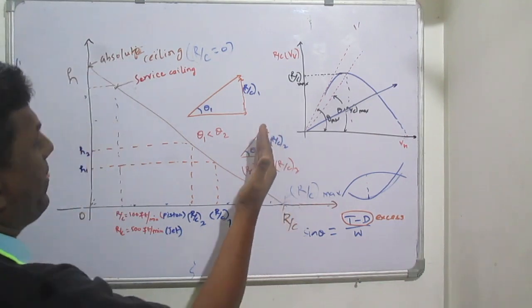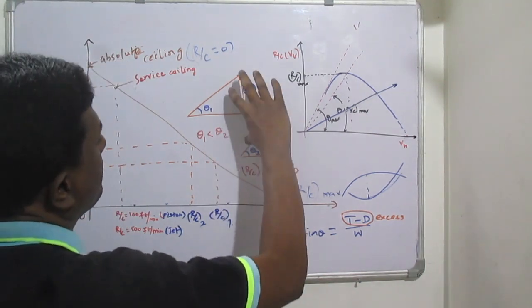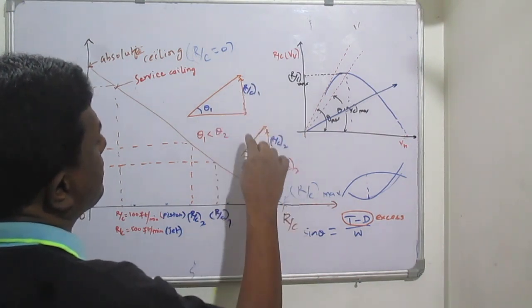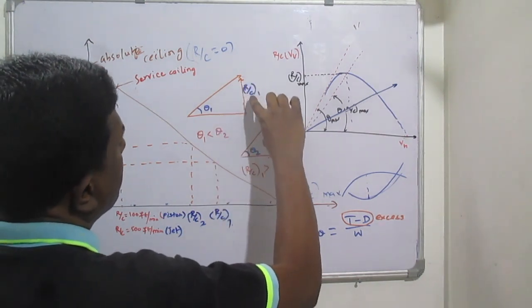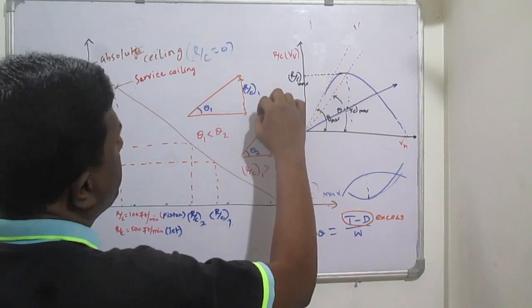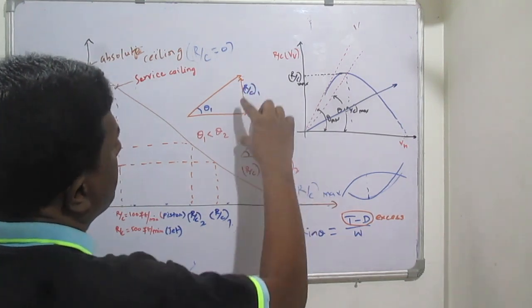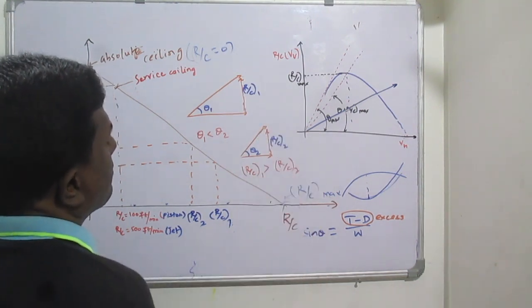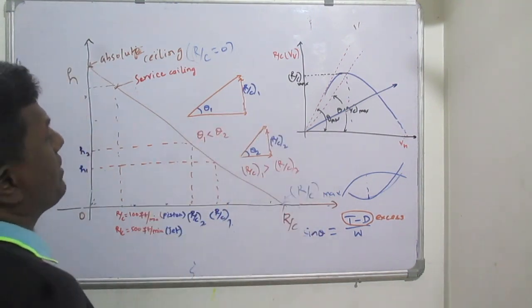We are observing this from the graphical representation, and even quantity-wise we can say that this rate of climb is higher than this one. So how does this happen?